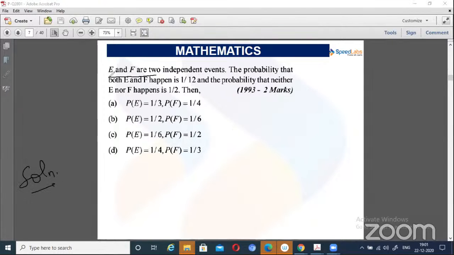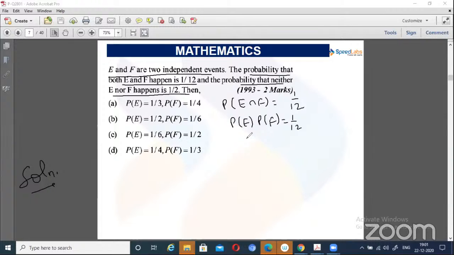E and F are two independent events. The probability that both E and F happen is 1 by 12, and the probability that neither E nor F happens is 1 by 2. So both happen means P of E intersection F is 1 by 12, and that would be equal to P of E into P of F is 1 by 12.